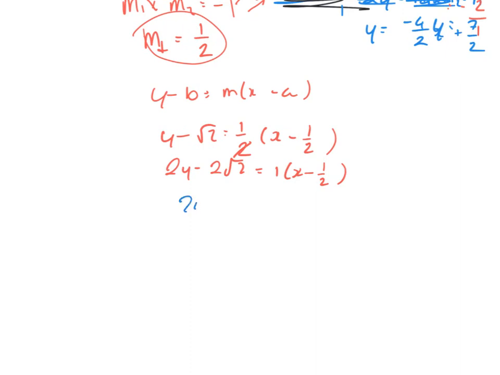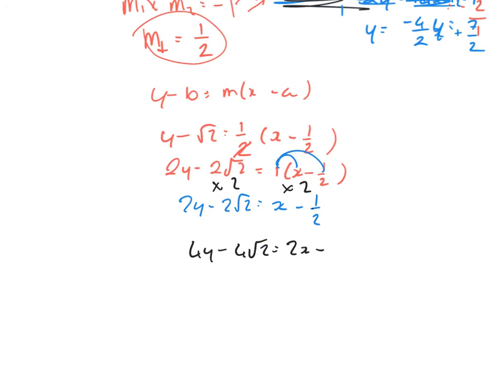Let's open it up: 2y minus 2 root 2 is equal to x minus 1/2. That would be fine, but why don't I tidy it up again and get rid of that fraction? How do I do that? Dead easy. Multiply both sides of the equation by 2. 4y minus 4 root 2 is equal to 2x minus, what was half times 2?